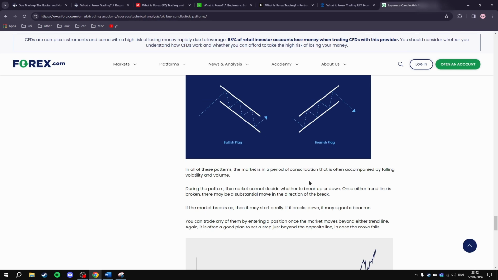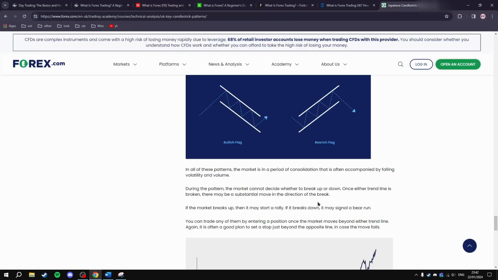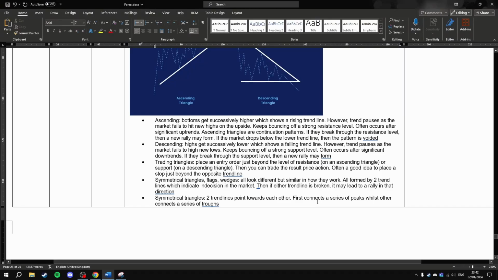In all these patterns, the market is in a period of consolidation that is often accompanied by falling volatility and volume.